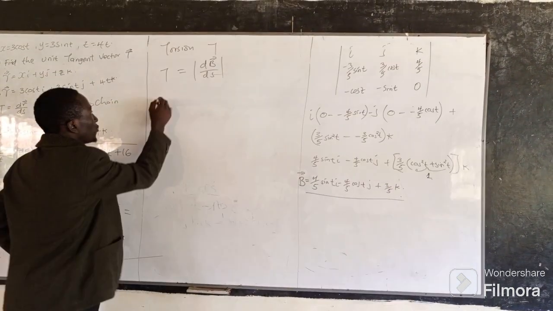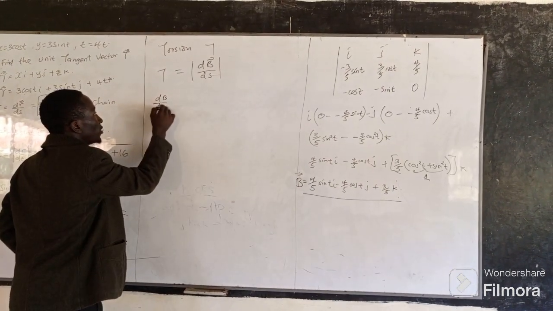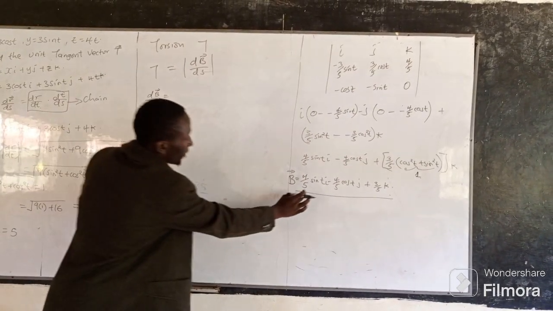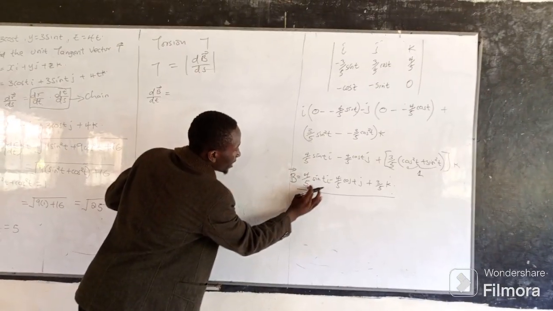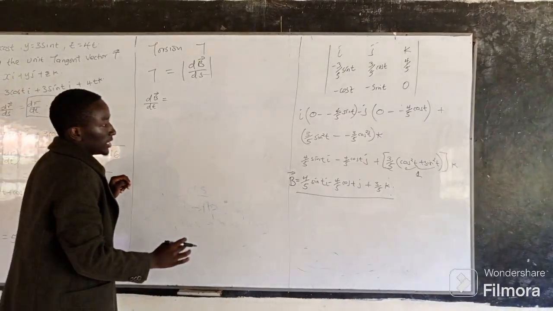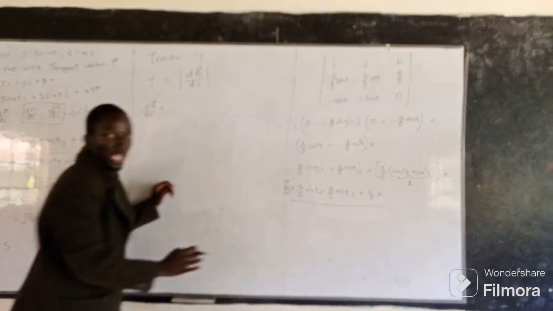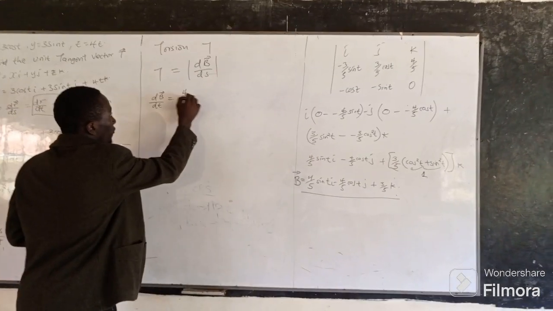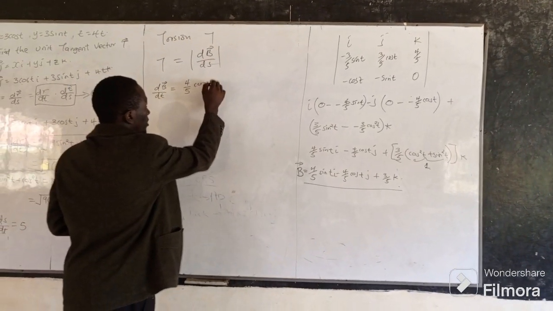Now first of all, I have to find dB over dt, which will be, if I differentiate this one, 4 over 5 sin t. Sine into cos gives me a positive. I'll have 4 over 5 cos t i.